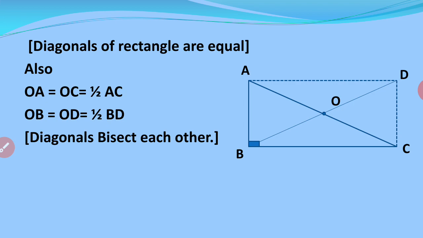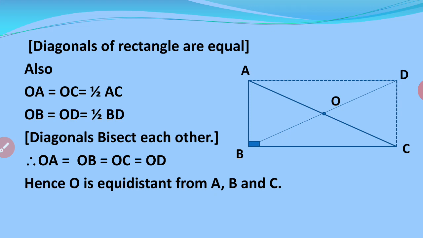But AC and BD are equal, therefore all four parts, that is OA, OB, OC and OD, will be equal. That is why O is equidistant from A, B and C.